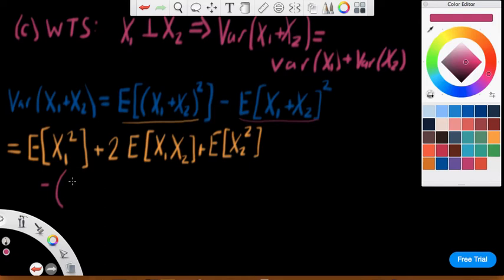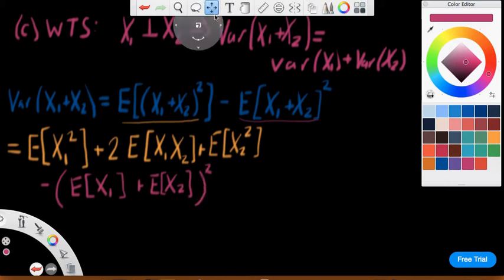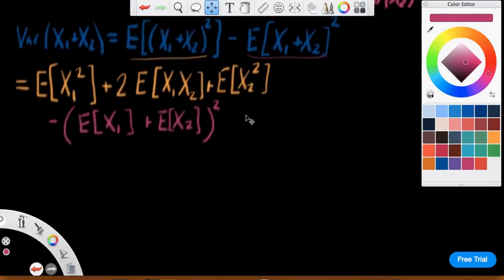So use linearity here, so this is just the expected value of x1 plus the expected value of x2, everything in parentheses, all of that we are subtracting, squared.